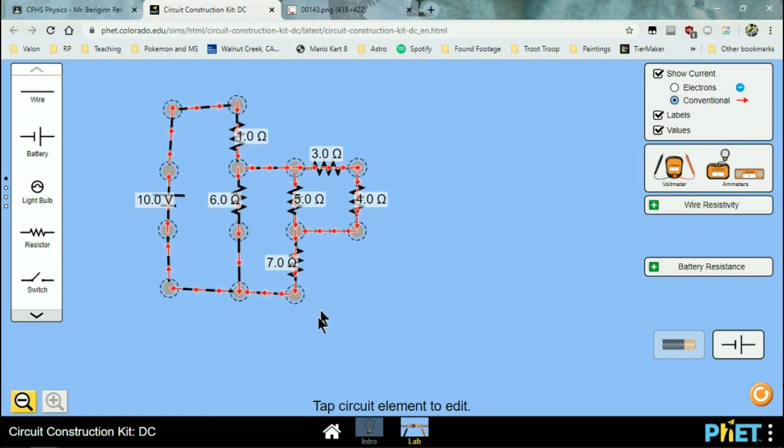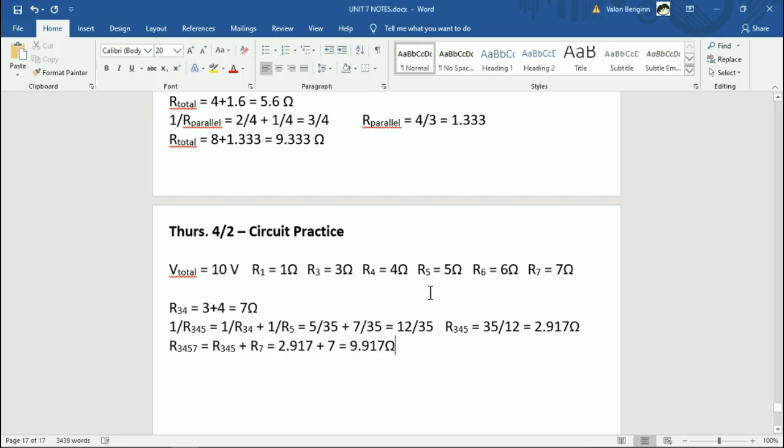So this is in parallel with 6. Okay. So that means 1 over R3,4,5,6,7 is 1 over R6 plus 1 over R3,4,5,7. So I'm going to have 1 over 6 plus 1 over 9.917.